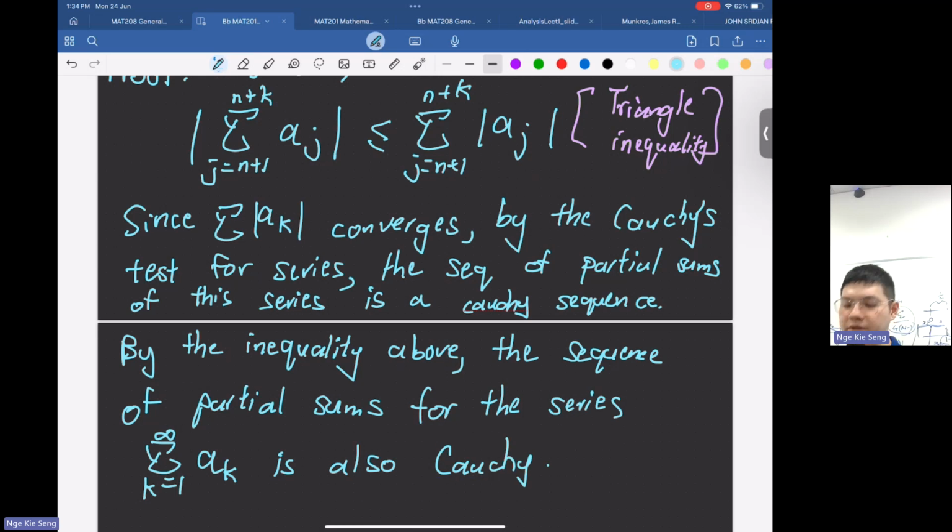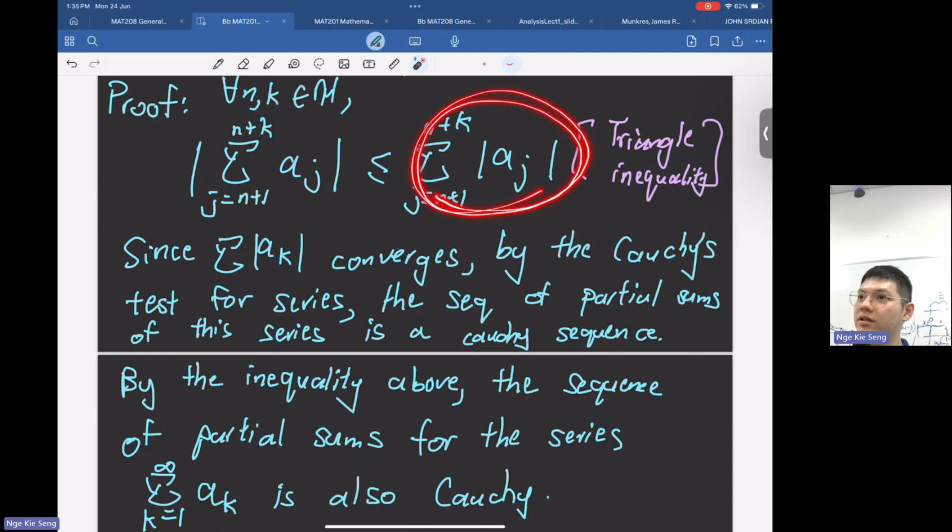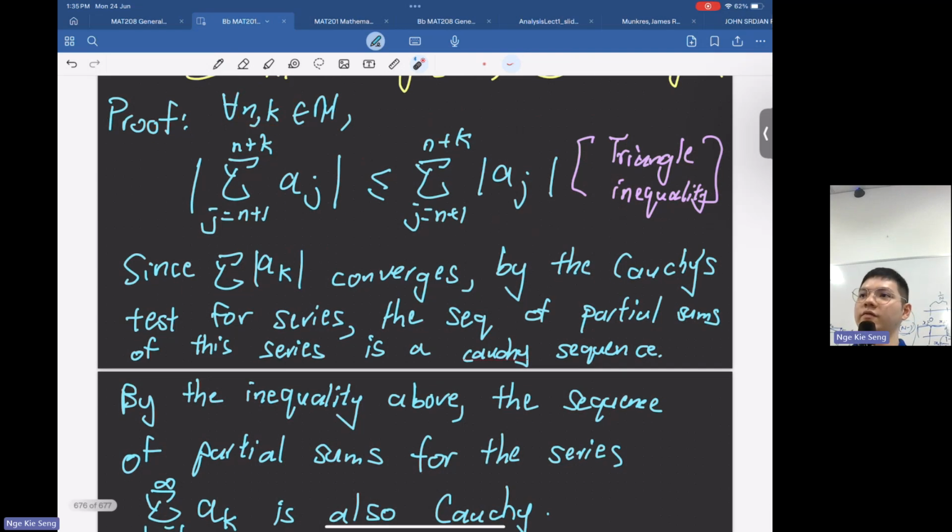Okay, it's also Cauchy, correct or not? Because if you can make the right-hand side less than epsilon, you also can make the left-hand side less than epsilon, for any terms from n plus 1 until n plus k. Does it make sense? And this is true for all n, k.